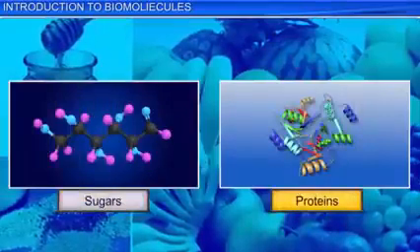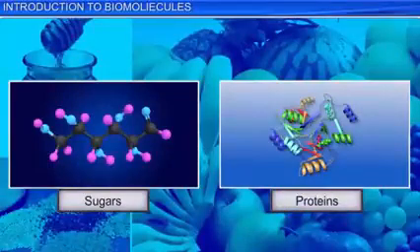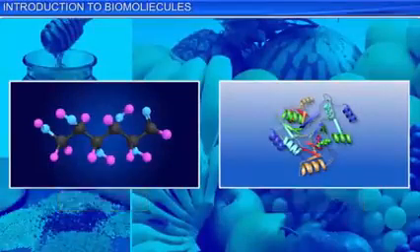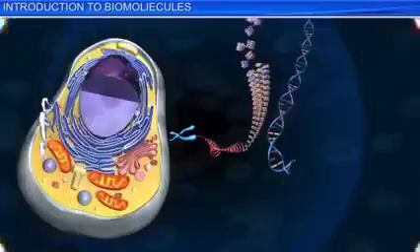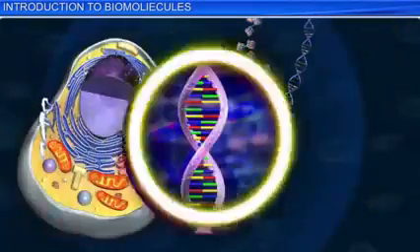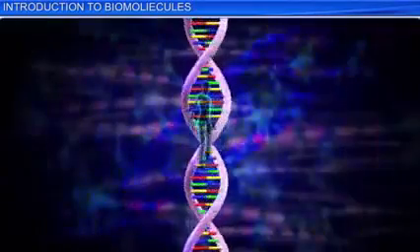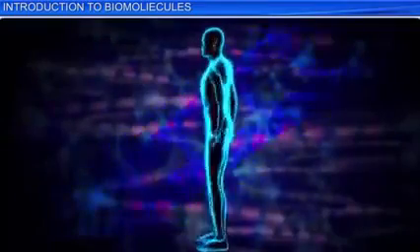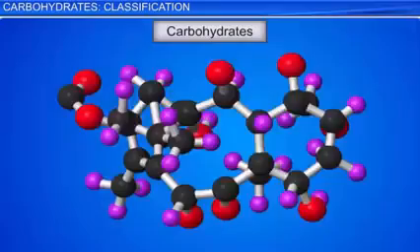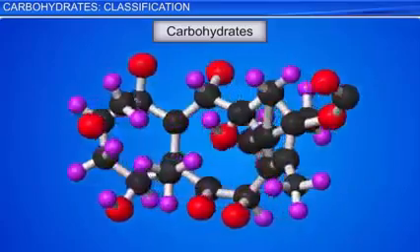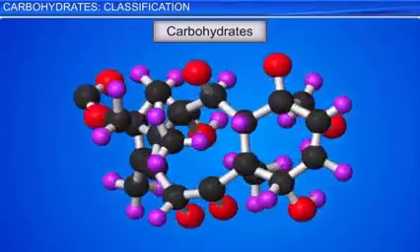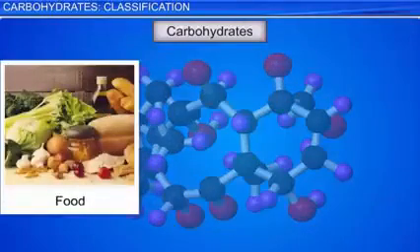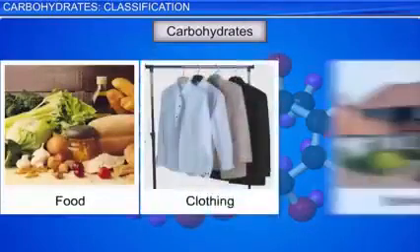Sugars and proteins are essential constituents of our food. These biomolecules interact with each other and constitute the molecular logic of life. Carbohydrates are a vital source of the three basic necessities of life, that is, food, clothing, and shelter.